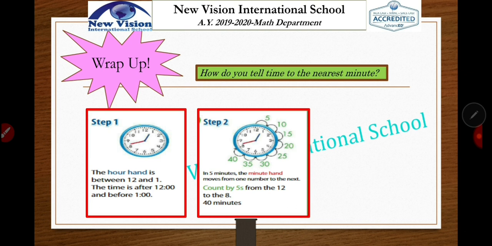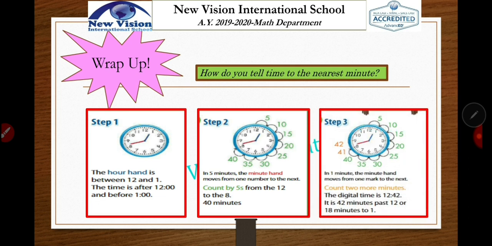And at 8, we have 40 minutes, okay? And for step 3, in 1 minute, the minute hand moves from one mark to the next. So count 2 more minutes, okay? So from 40, count 2 more marks. You have 41, 42. So the digital time is 12:42, or you can say it is 42 minutes past 12, or you can say 18 minutes to 1. Okay, very good.